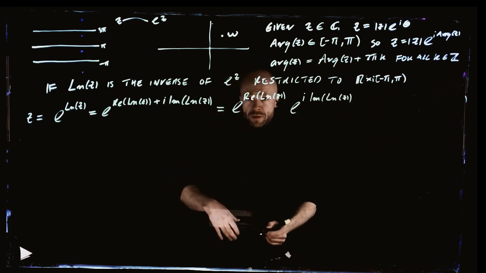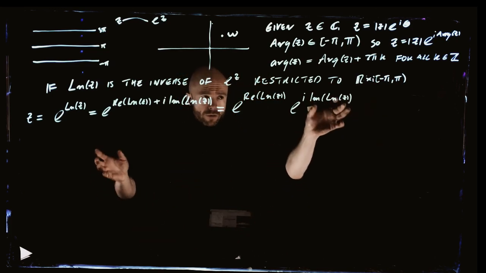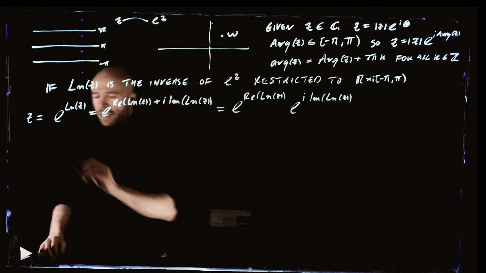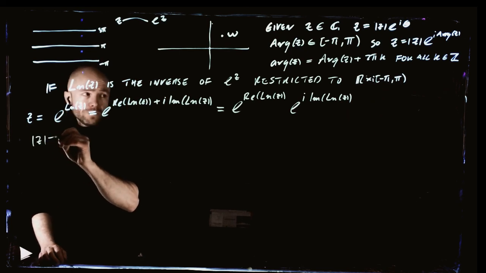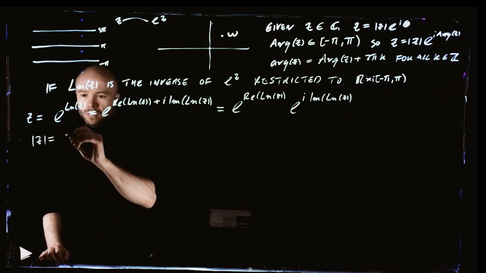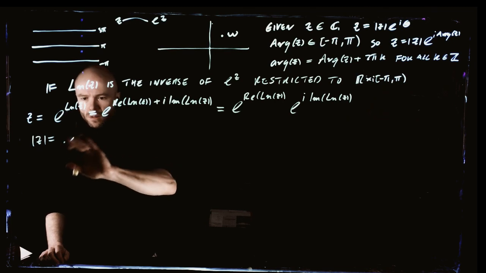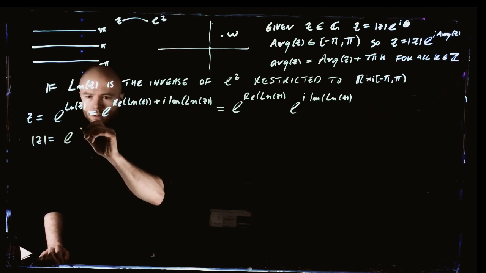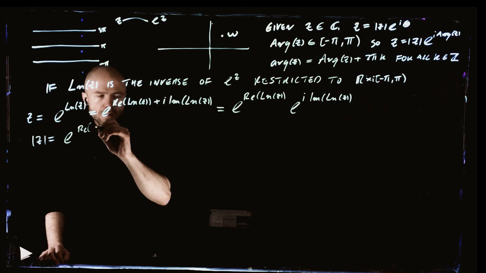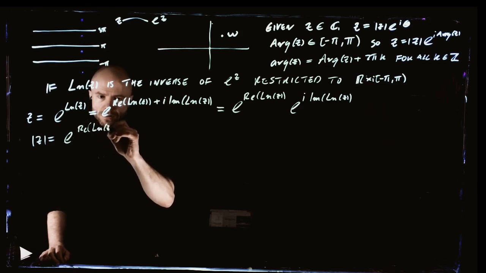So if we just take the absolute value, this other factor is just a complex number of length 1, right? So taking absolute value, we have that mod z is equal to just e to the real part of log of z.